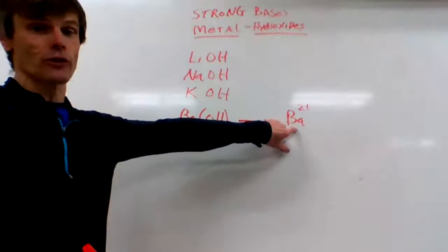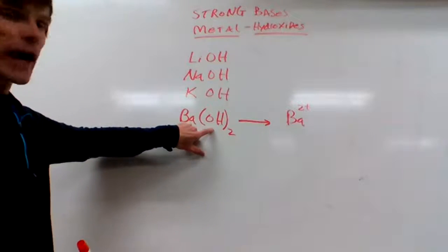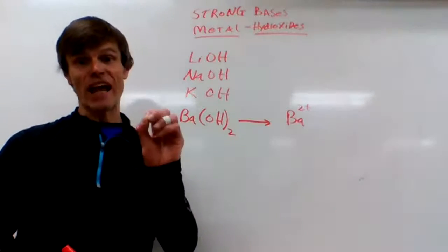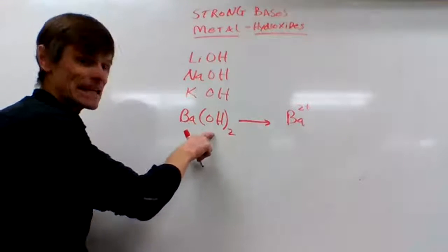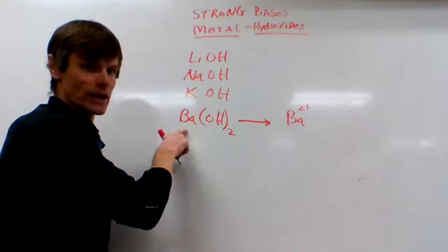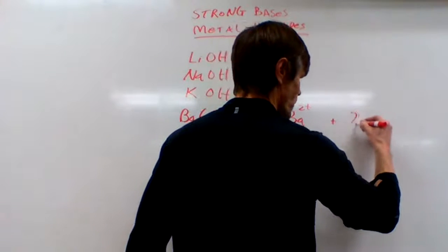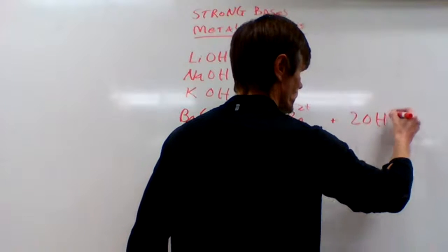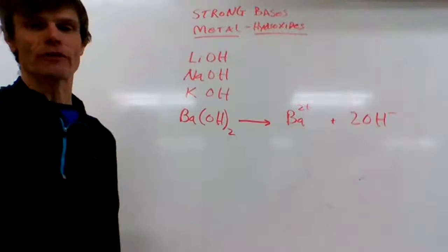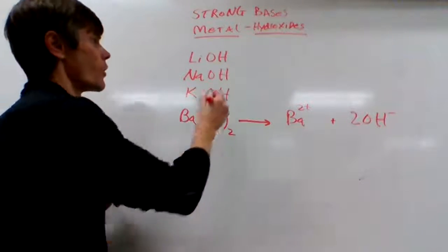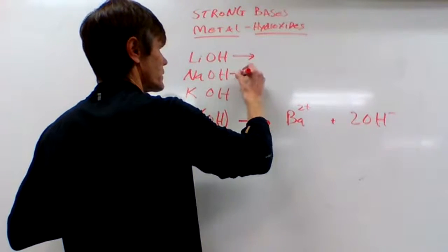It has a positive 2 charge. Each hydroxide group is -1, and we would need 2 of them for each of our bariums. So this would break up such as that.